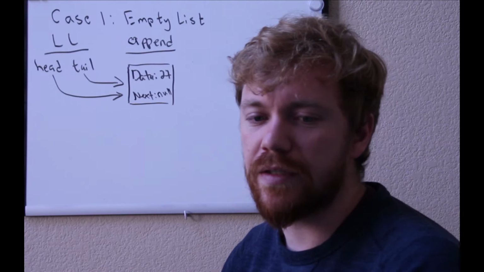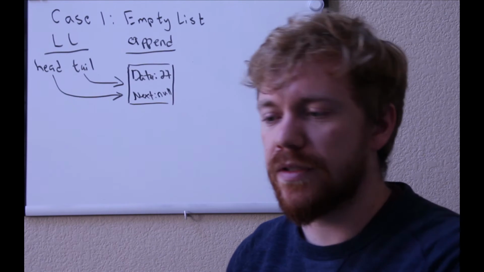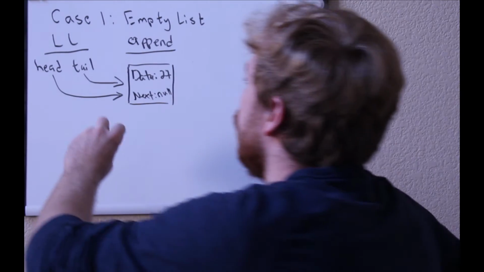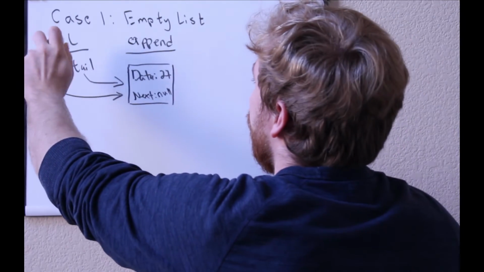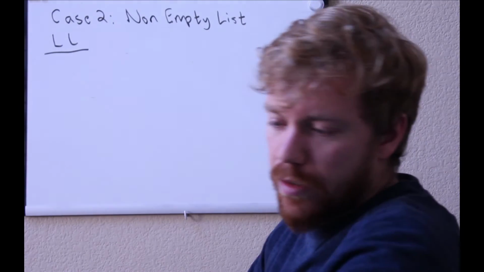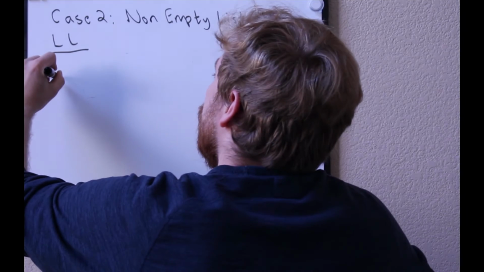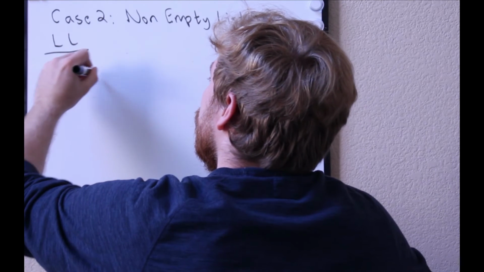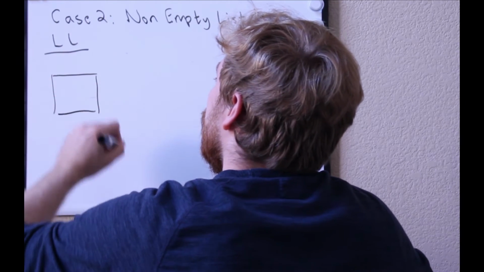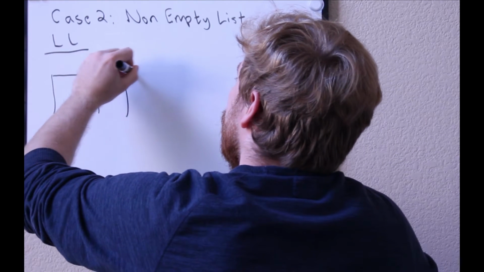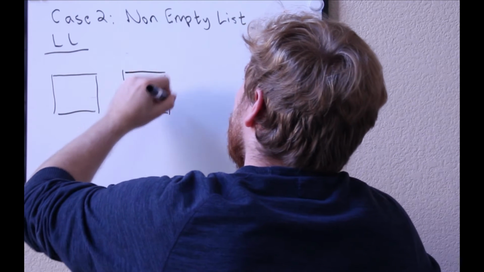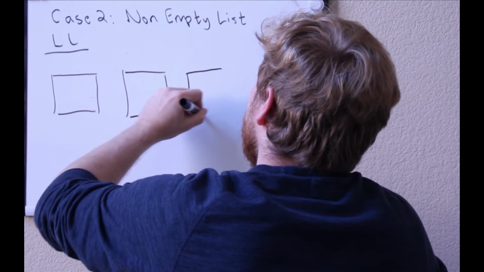The non-trivial case is appending to a non-empty list, which is case 2. So we'll go ahead and look at that. And so our linked list is actually going to start off with 3 nodes. So here we are. Here's the first node. Here's the second node. And here's the third node.